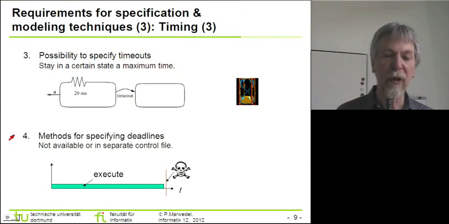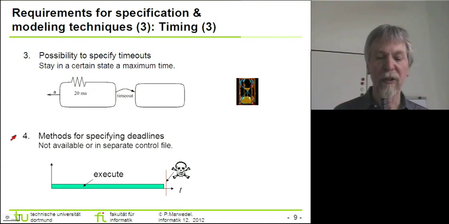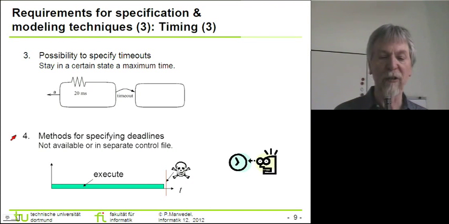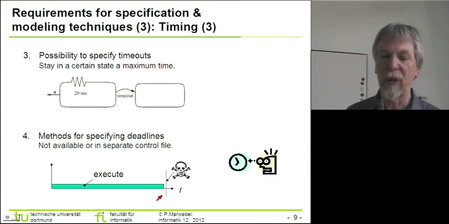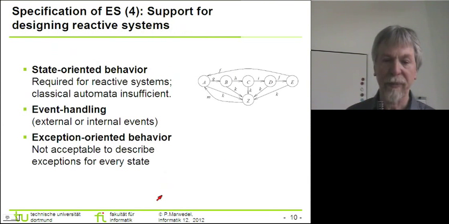And there is a fourth context in which we would like to specify timing: deadlines. That means we would like to make sure that software finishes in a certain amount of time. So these are some different ways in which we would like to use time in our specifications.